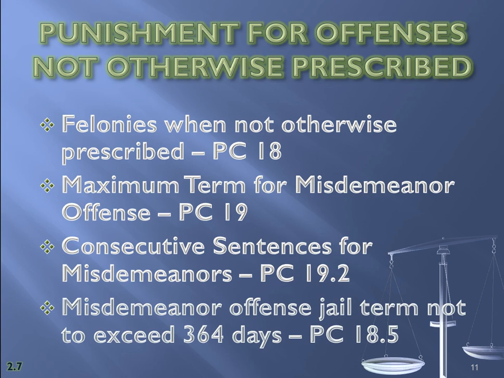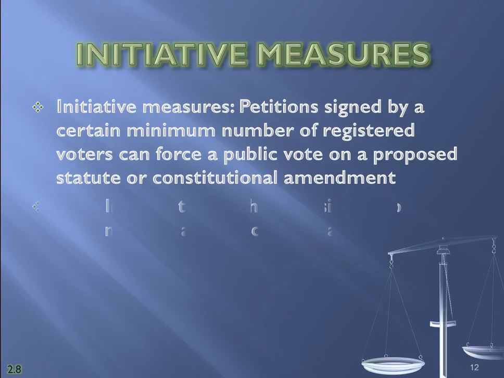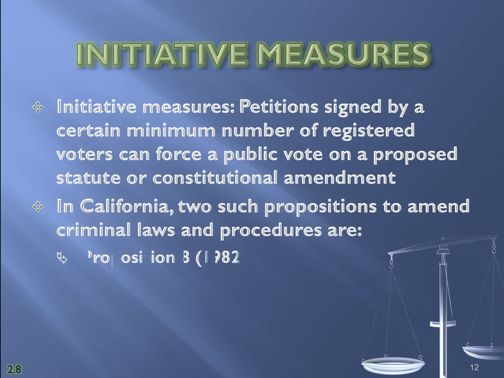Does that make sense? Typically misdemeanor jail terms don't reach the 1-year mark, which is why they have 364 days down there. So take some time to walk through some of these different things, and it will help you add some context to the conversation.